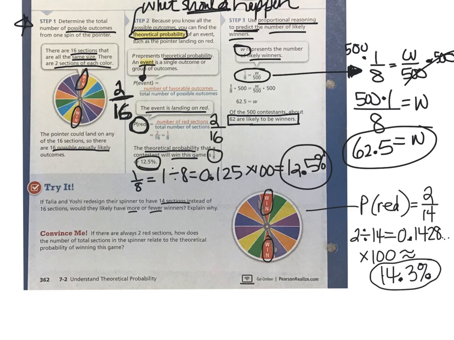So go back and compare that to the percentage that we had in example 1, which was 12 5/10%. If you have a greater percentage, then that means that you would have more winners of that game. Okay? The percentage is higher if you only have 14 sections rather than 16 sections.